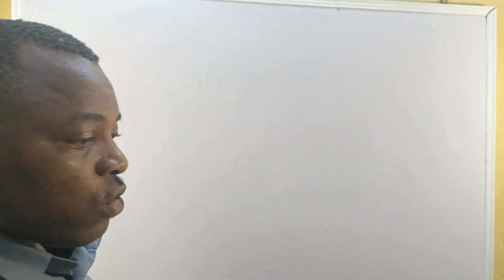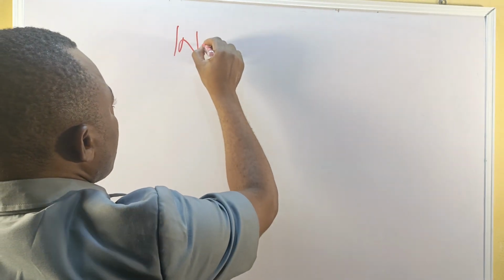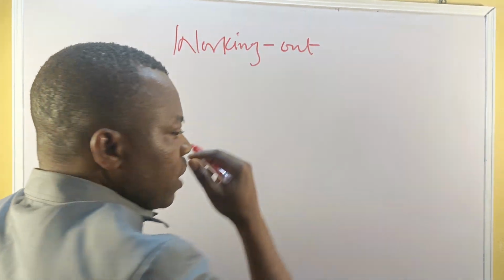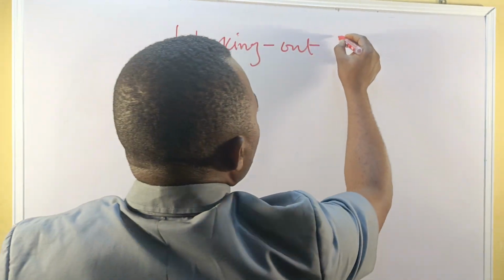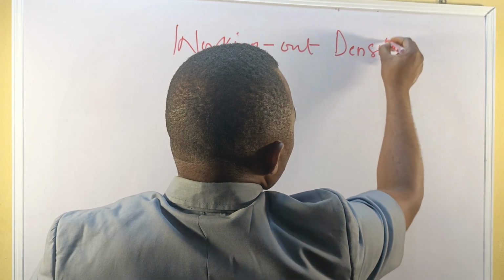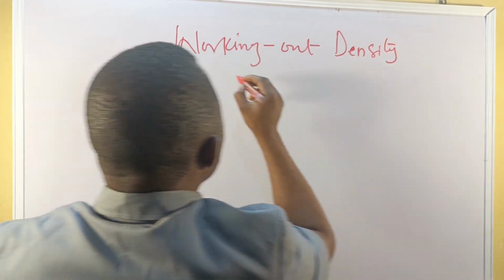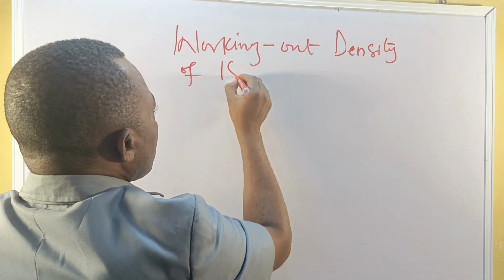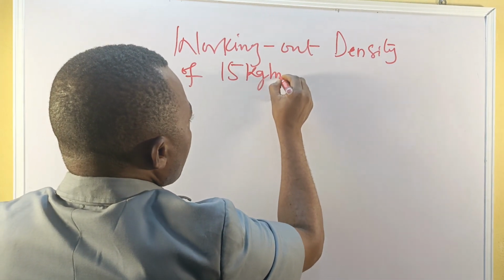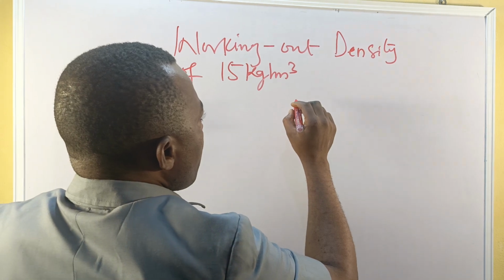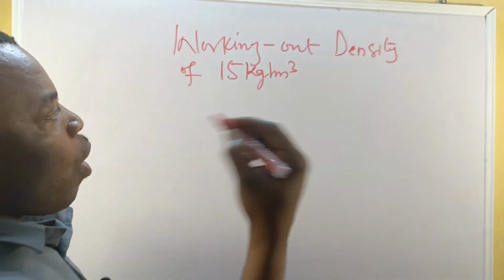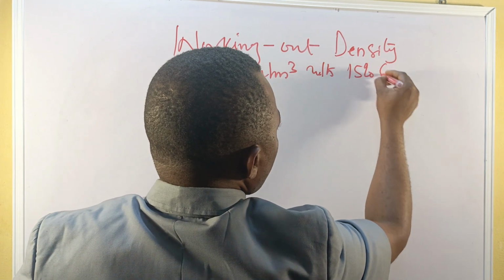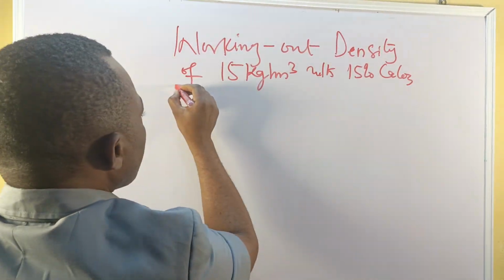Okay, the lesson today is working out density of 15 kg per meter cube with 15% calcium carbonate.